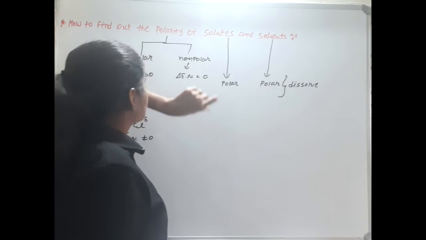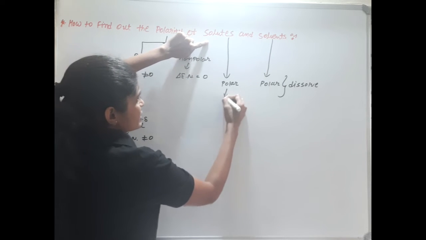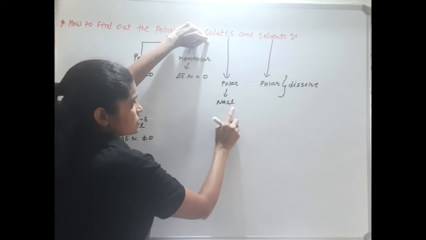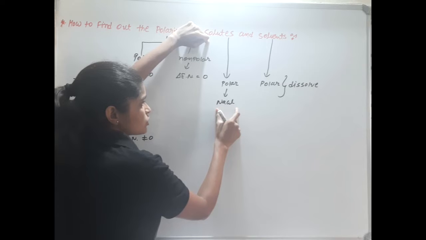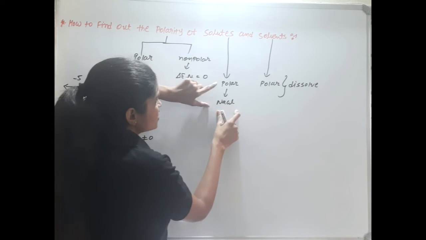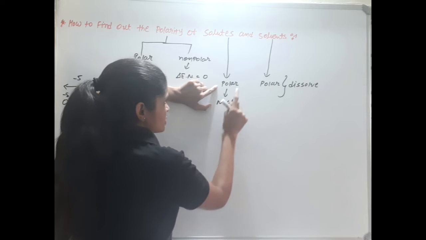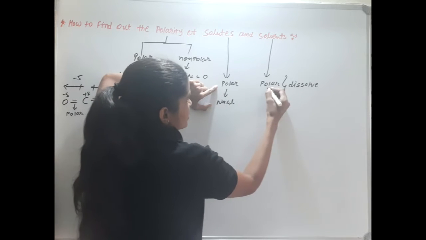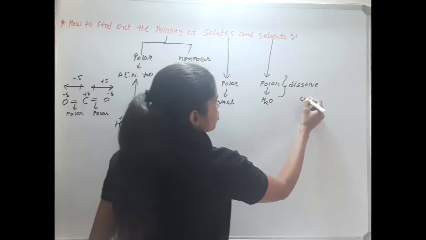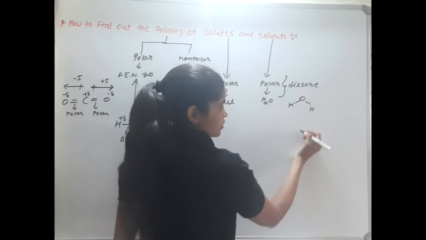For example, consider NaCl. In NaCl, Na has a partial plus charge and Cl has a partial minus charge. So an electronegativity difference is present, meaning this is polar. So NaCl is a polar solute. And consider H2O. In H2O, there are oxygen, hydrogen and hydrogen.